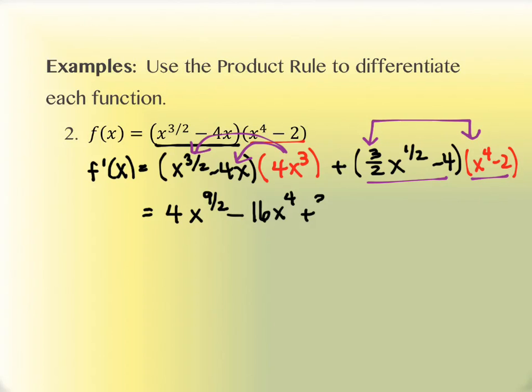So that's going to give me 3/2 x to what? Well, I've got a 1/2 and I've got a power of 4, and I need to add them, not multiply. Yeah, we add the exponents for properties of exponents. What do I get? 9/2 again. Yeah. 9/2 like I had before. So that's my first term.